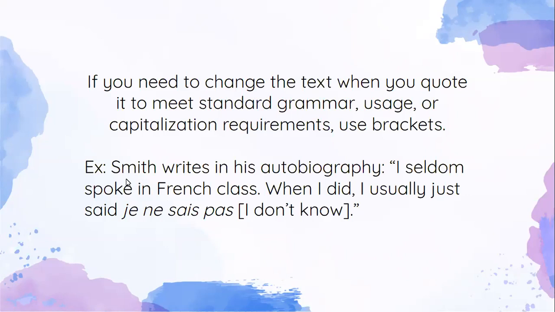This is not a good example because we can't really uncapitalize Smith, since that's a proper noun. But let's say it's a "When." You say something before, and you can't really have a capital letter that's not a proper noun in the middle of a sentence. So what people do is put a bracket around the W and make it lowercase.